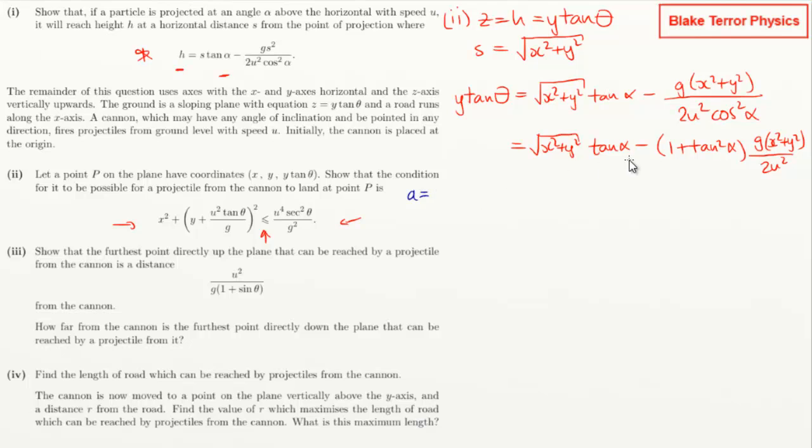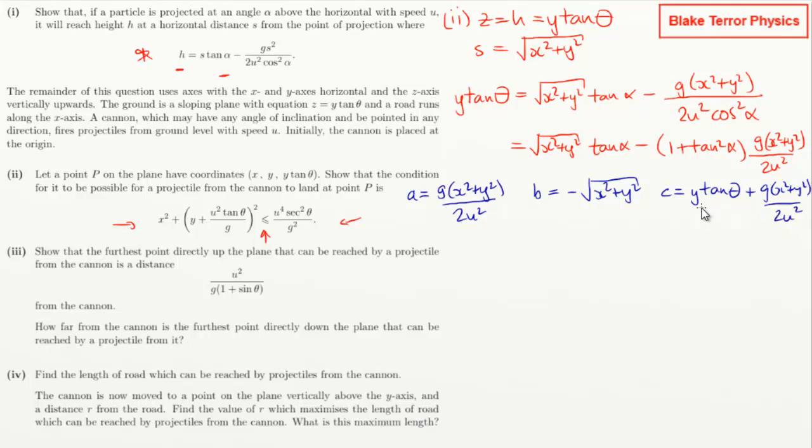A is going to be, I've only got one tan squared, and I'll make that tan squared positive, so it's g times x squared plus y squared over 2u squared. So that is my A. And then B, I've only got the one tan alpha, so that's going to be minus the square root of x squared plus y squared. And then C is the stuff that's left. So I've got y tan theta, and then a plus g times x squared plus y squared over 2u squared.